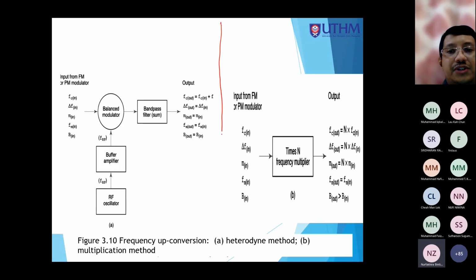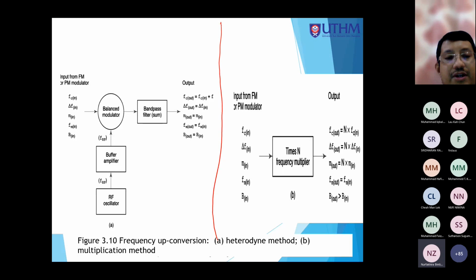Here there are two pictures, left and right. We start with the picture on the left, which uses the heterodyning process. Heterodyning here means that we are using a balance modulator which receives the input from the FM or PM modulator circuit, which is from the narrowband FM.